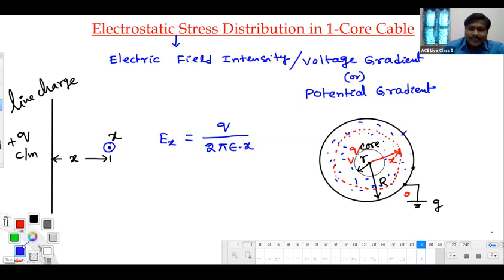What is the field intensity on the conductor surface? Anybody? Tell me please. That will be Q by 2 pi epsilon into small r, because in place of X I will replace the radius of the conductor.